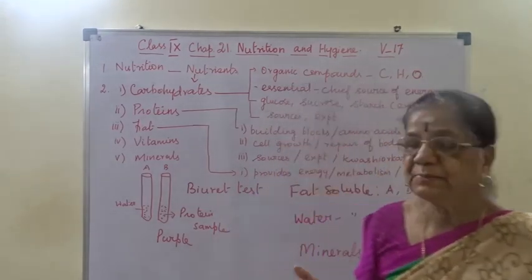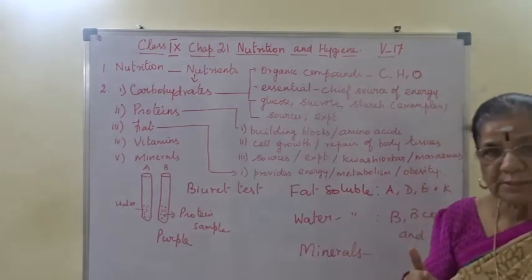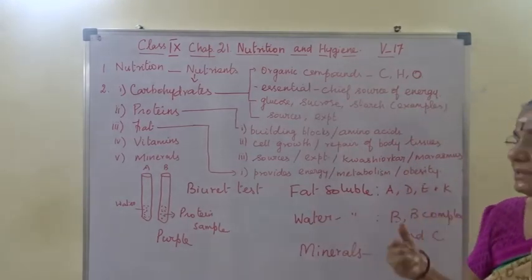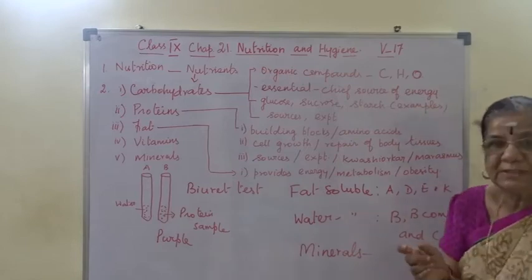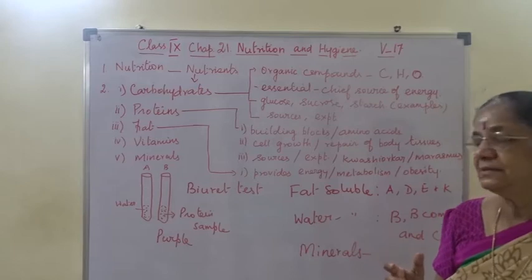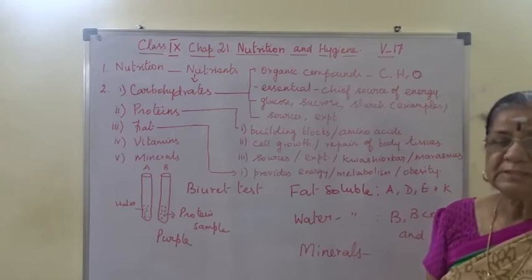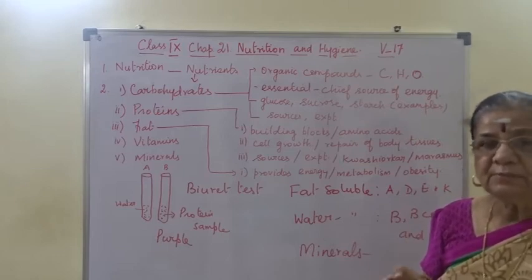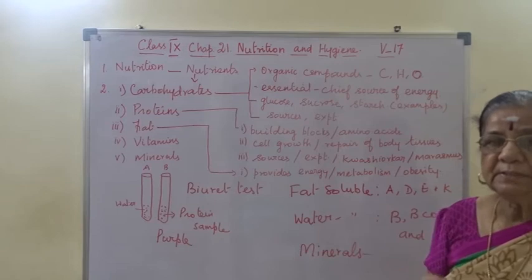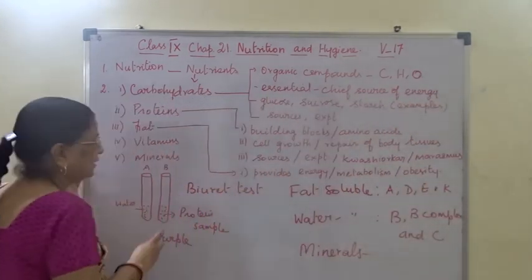That is the symptom for marasmus. Kwashiorkor is only protein deficiency, whereas marasmus is carbohydrate, protein and fat deficiency.